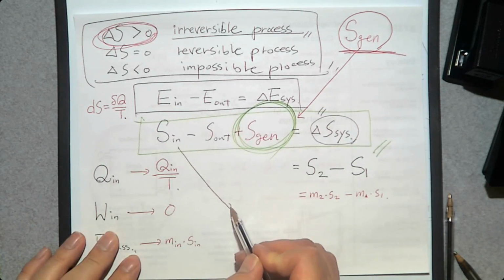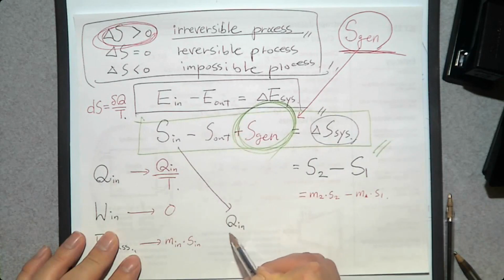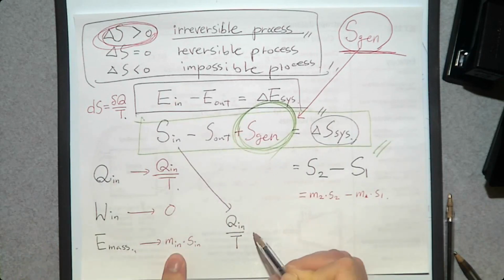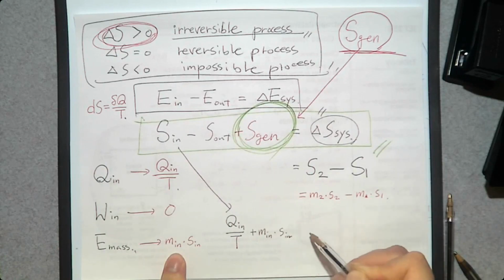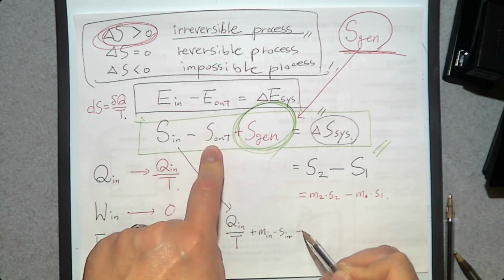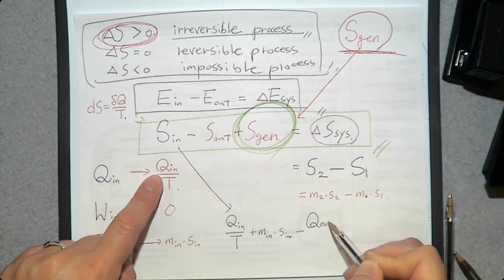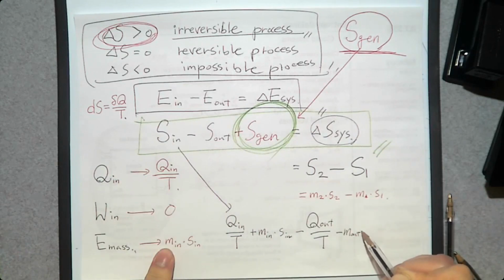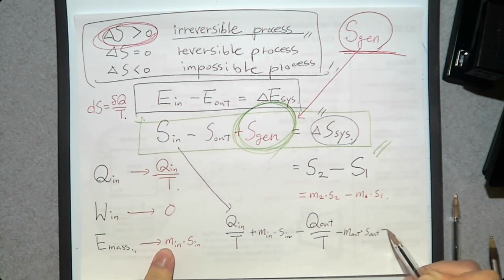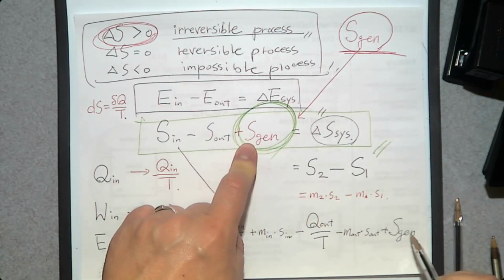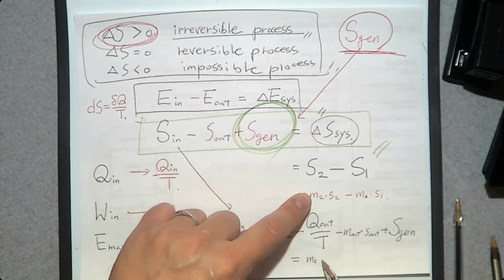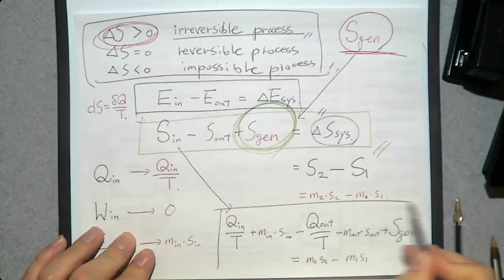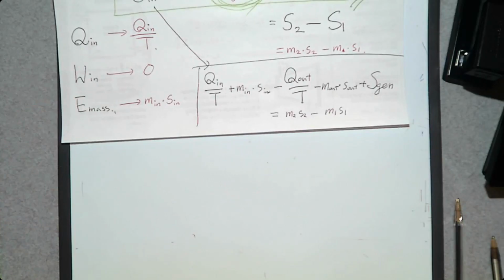So it's going to be Q in over T plus M in times S in, and we have an entropy transfer out, minus Q out over T minus M out times S out, plus entropy generation should be M2S2 minus M1S1. So this is the entropy balance equation.